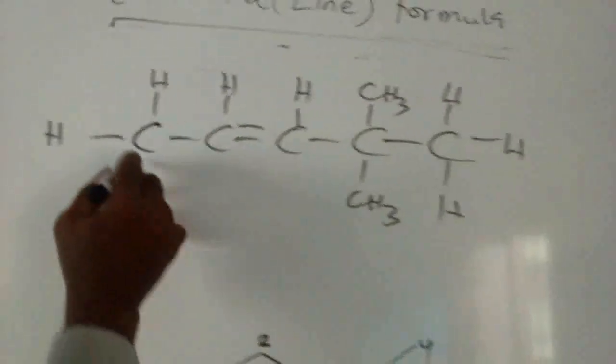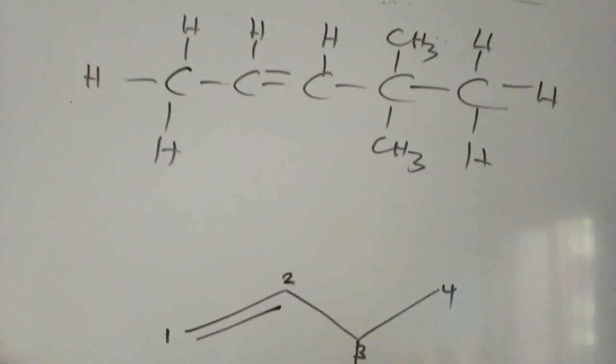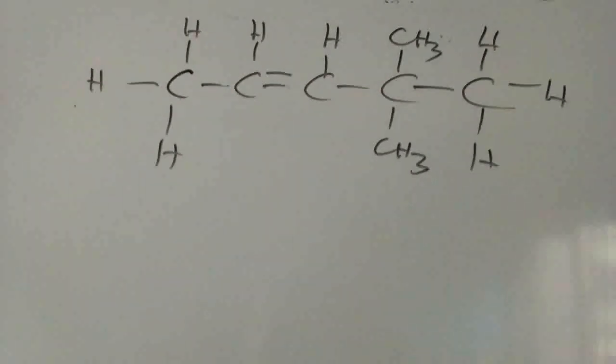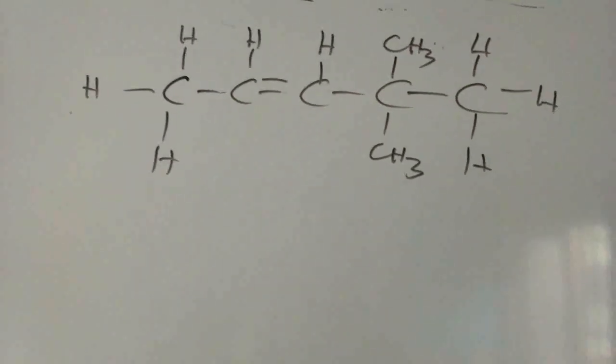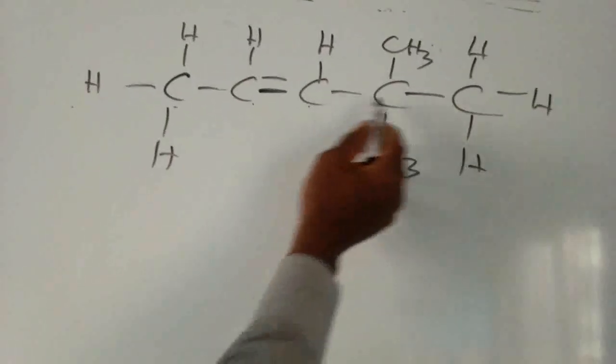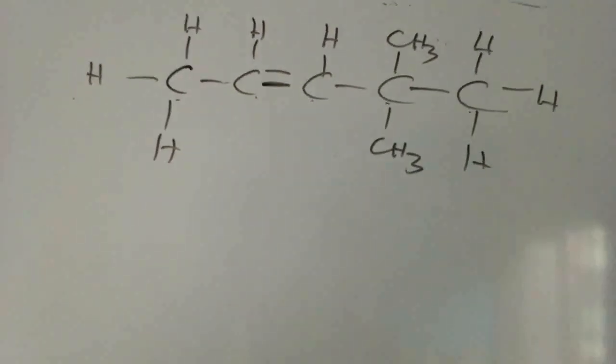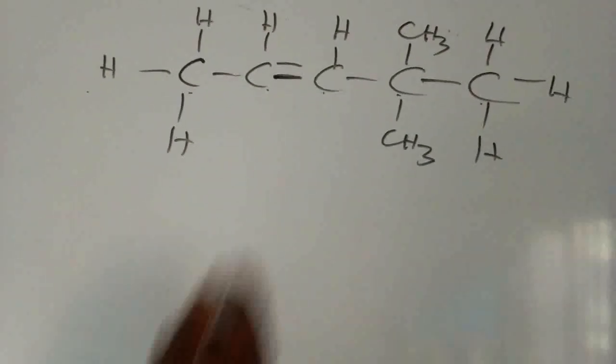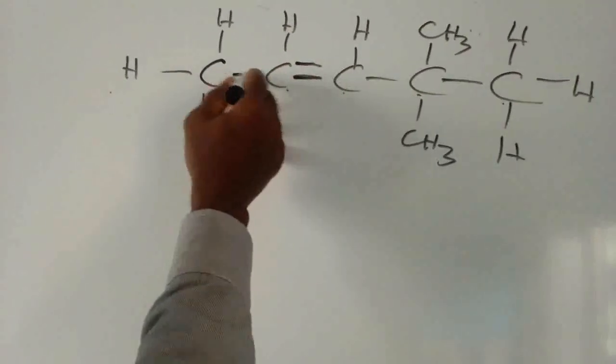So let us look at the name of this alkene first before we draw the skeletal structure. For the name of the alkene, the longest carbon chain appears to be the straight chain. 1, 2, 3, 4, 5.